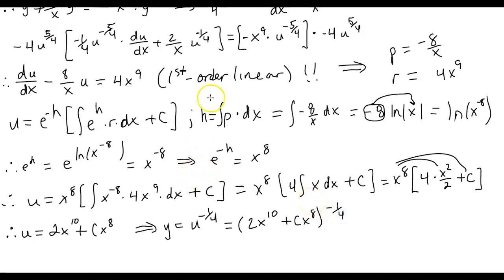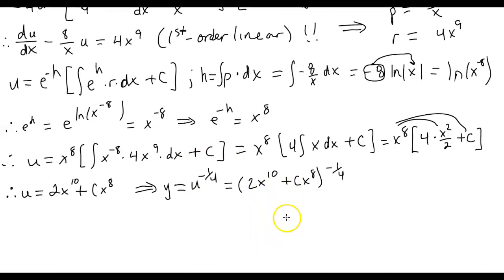And so this is our general non-constant solution. And what we'll do now is actually use our initial condition here to figure out what our integration constant is going to be.